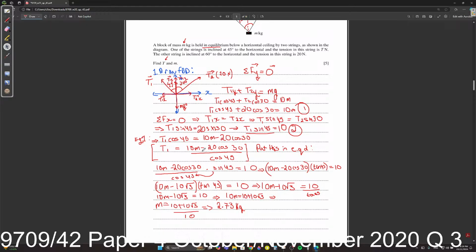Or you can just use T1 sine 45 equals 10, which I saw here. So T1 is equal to 10 divided by sine 45, which is equal to 14.1 newtons.